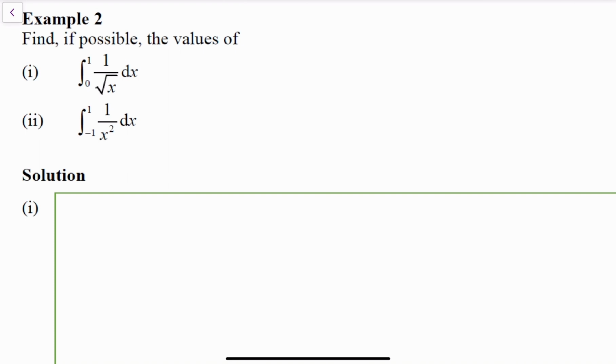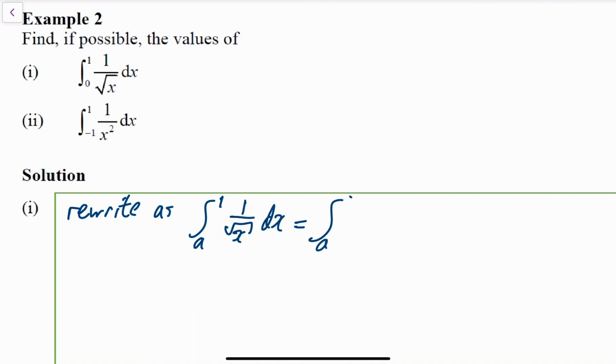So again, in this one, we're going to rewrite it as the integral between a and 1 of 1 over the square root of x. And then again, that's going to be equal to the integral between a and 1 of x to the minus a half dx. And if you integrate that, you're going to get x to the power of a half, and then divide by the half is the same as multiplying by 2.